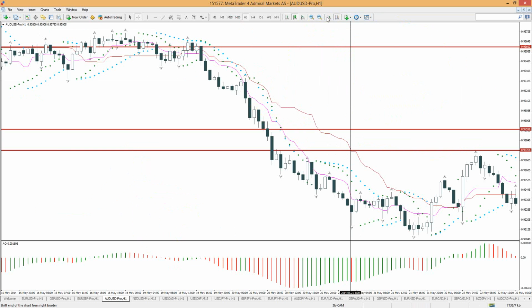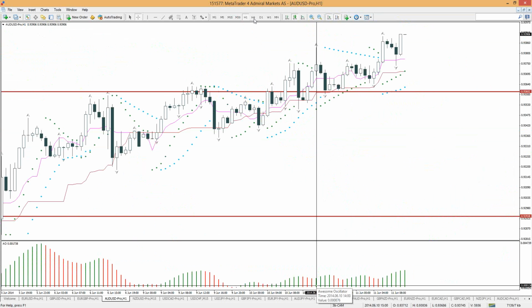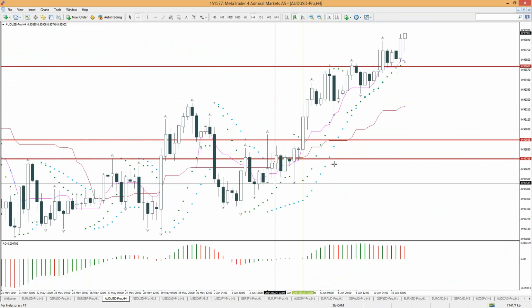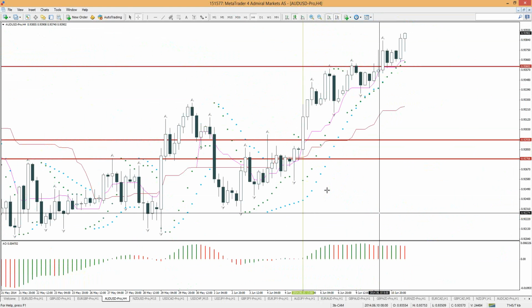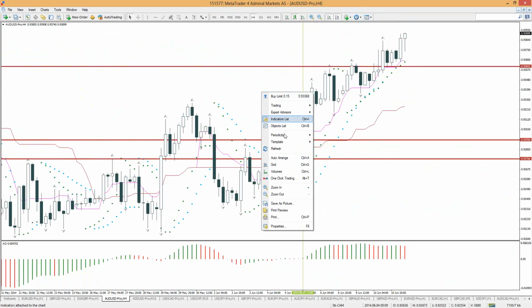Let's see, this is the 4 hour chart. So this is how the Tenkan looks. So we can put the moving averages on now. One second.